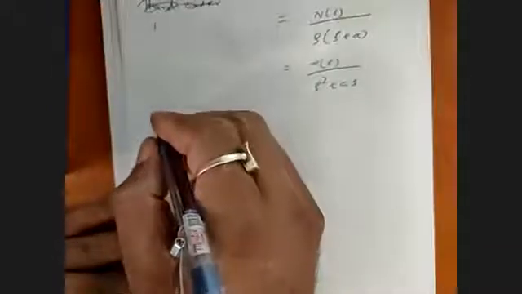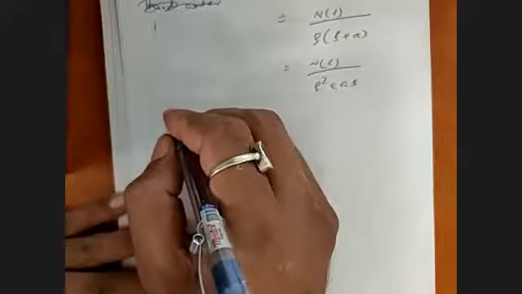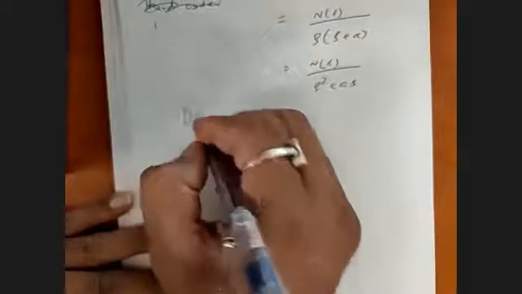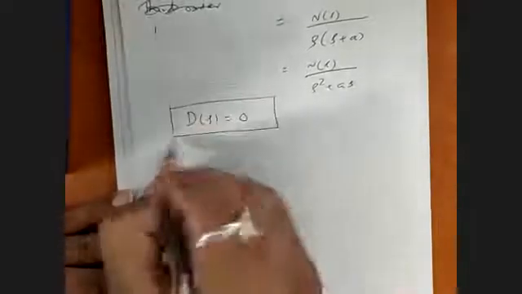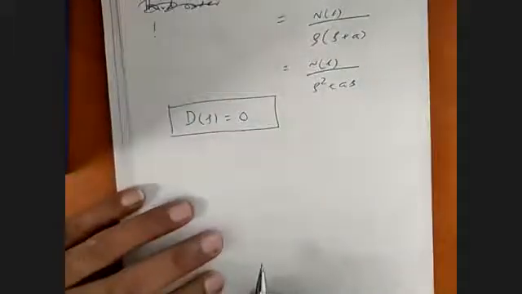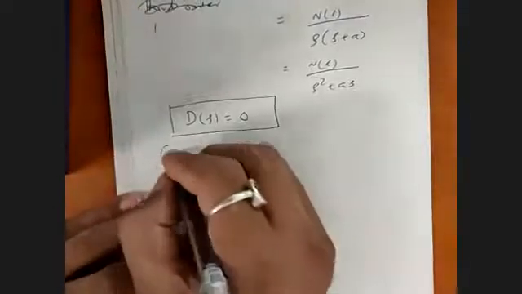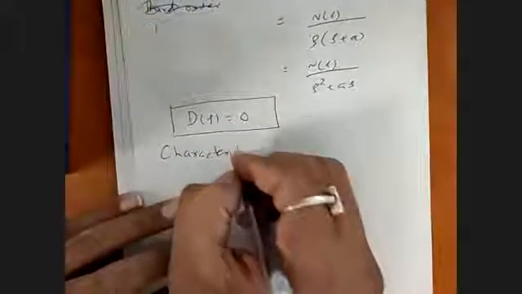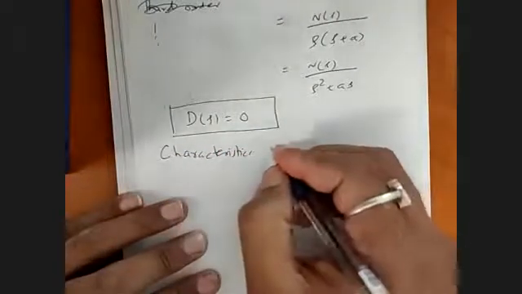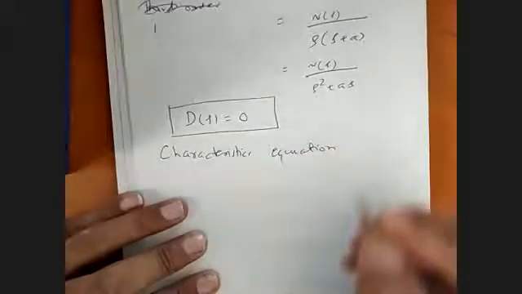And D(s) equal to 0. This is a very important term which will be used in control system, which is defined as characteristic equation.